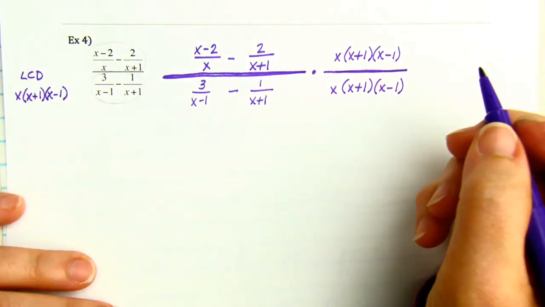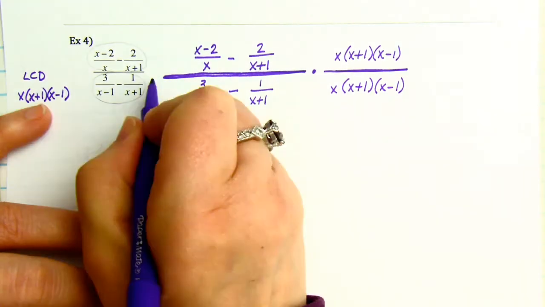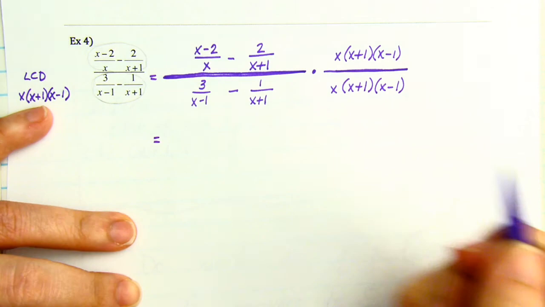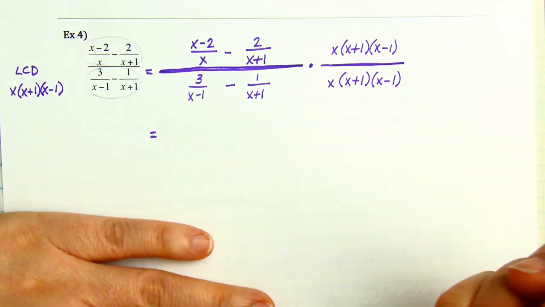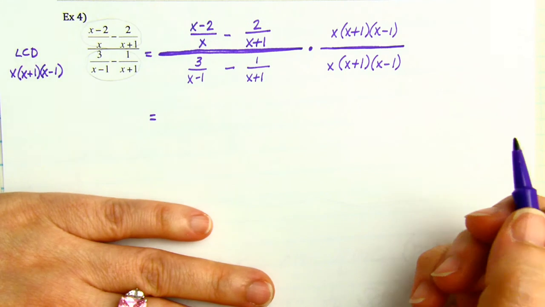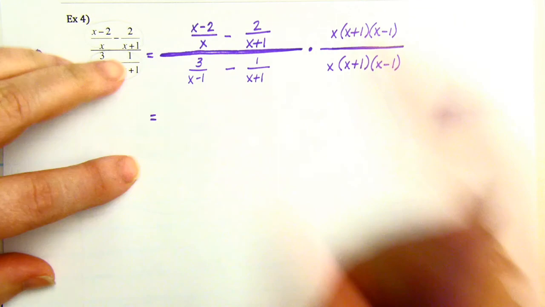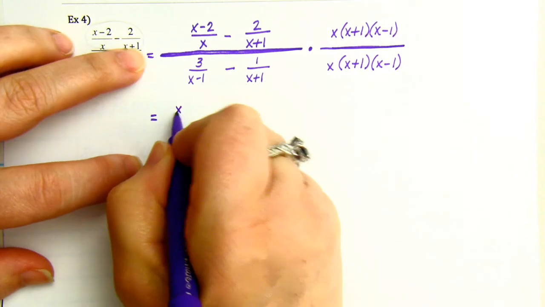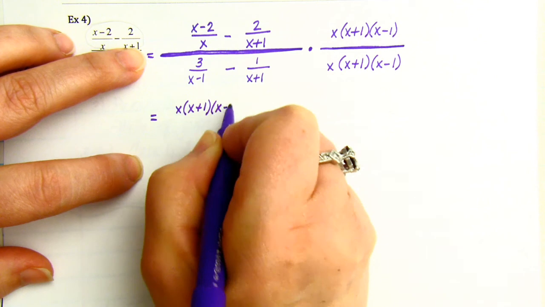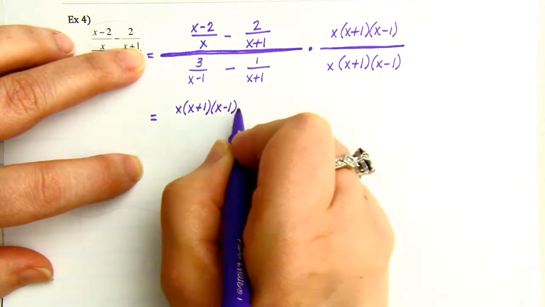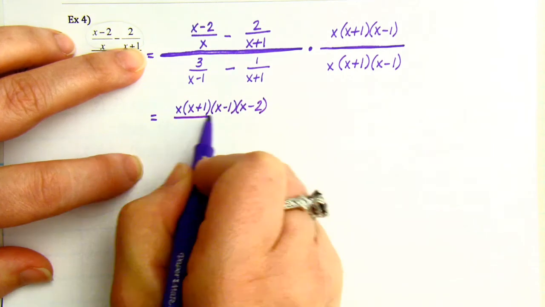And now you have to distribute. All right. Guess we'll just write it all out. So I've got this times this times this times this. So let's do x times x plus 1 times x minus 1 times x minus 2 over x.